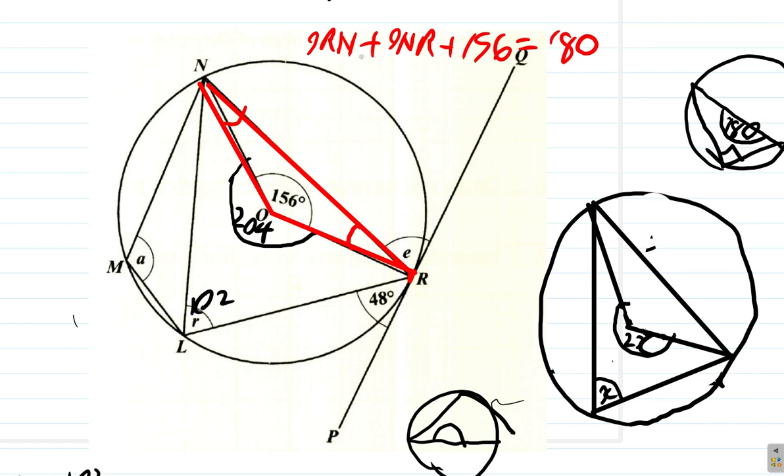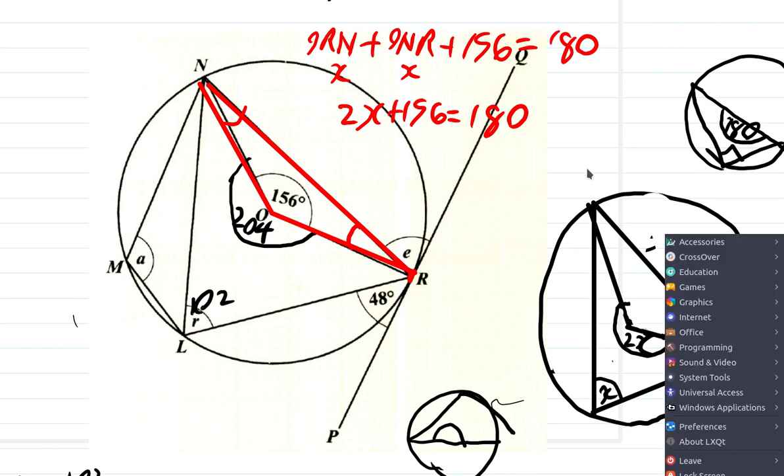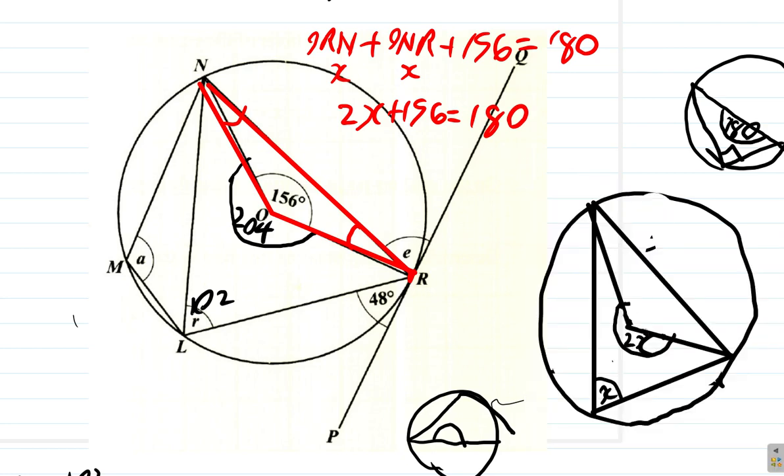So ORN and ONR, call them x each. So 2x plus 156 is 180. Then you subtract 156 from 180, right?